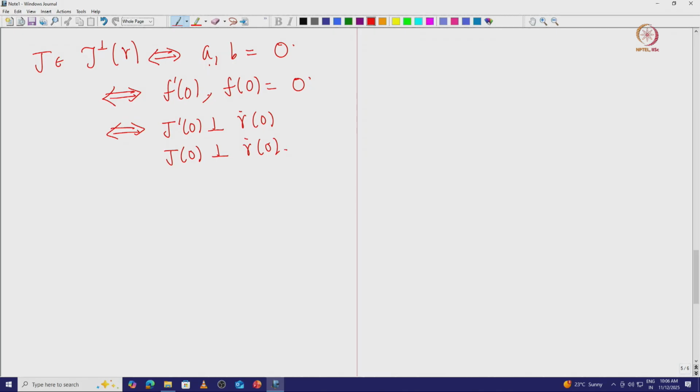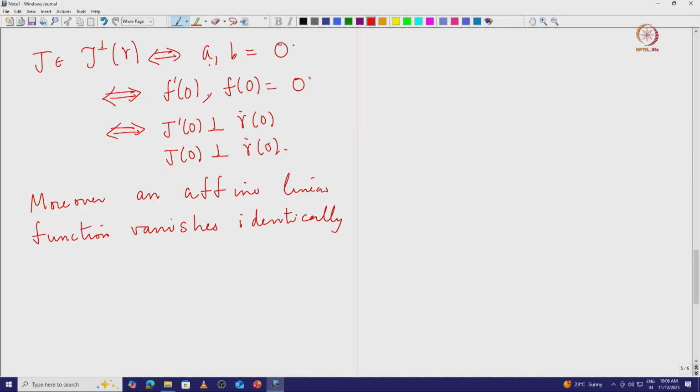Then for the second equivalence, we just have this observation that an affine linear function vanishes identically if and only if it vanishes at 2 points.